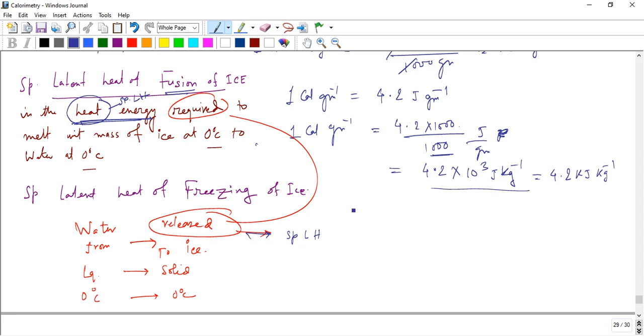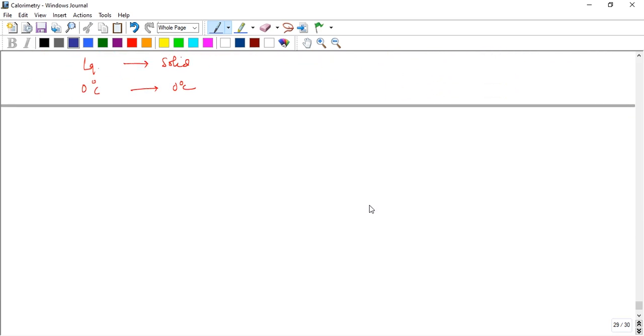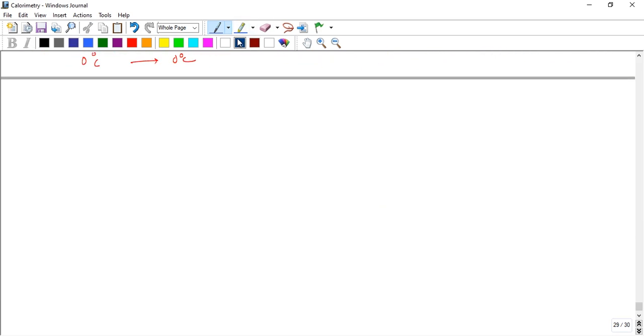Previously we discussed this, but now let's draw a graph here for better understanding. Here is the temperature and here is time.